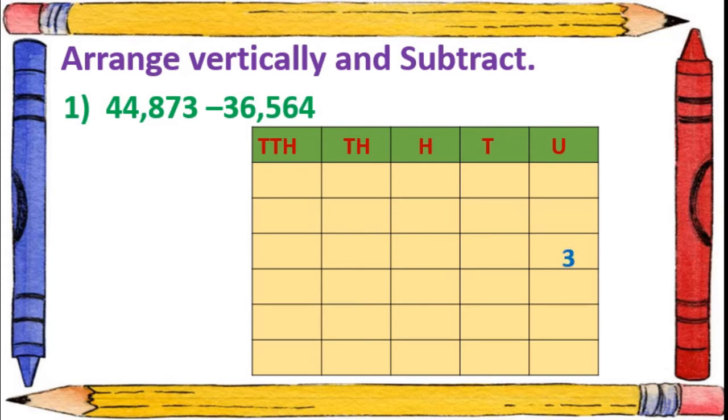Here 3 in the unit place, 7 in tens place, 8 in hundreds place, 4 in thousands place, and again 4 in 10,000s place, minus 36,564. Here 6, 5, 6, 3, 4. Okay, we will put the minus sign.